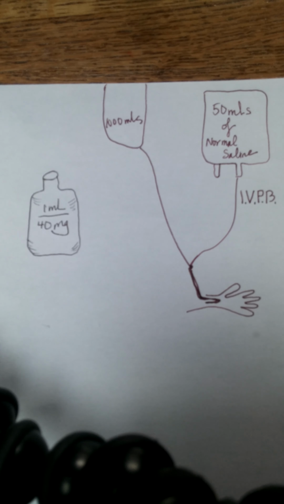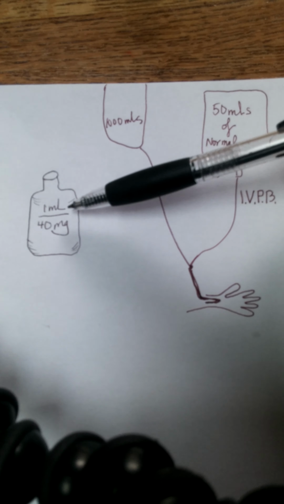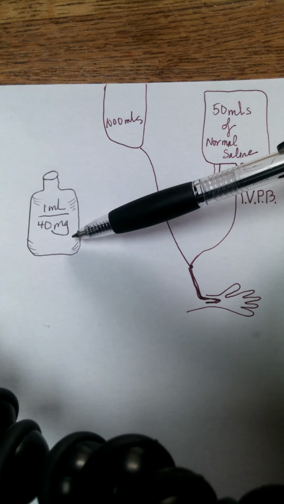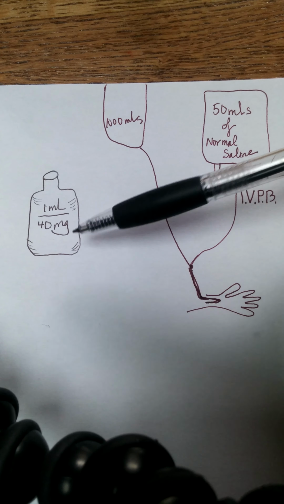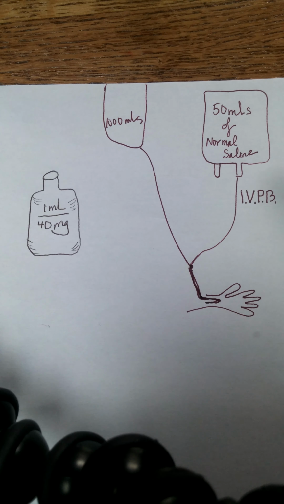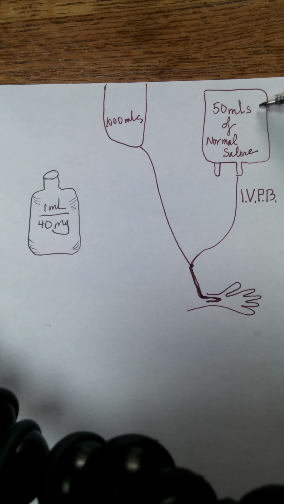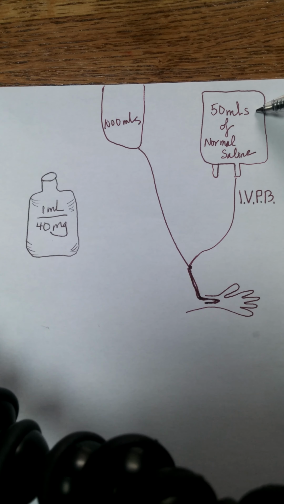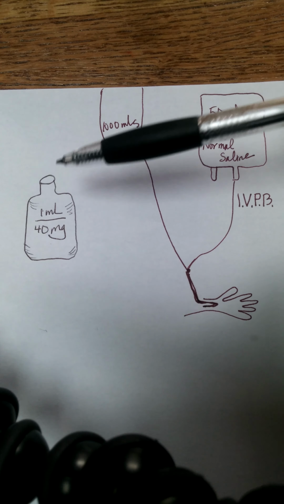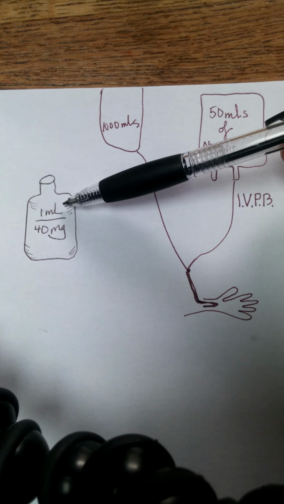Once again, we had a vial over here that had 1 ml, 40 milligrams of gentamicin. But what it told us to do was to put it into an IV piggyback of 50 mLs of normal saline. So you figured out that you needed 2 mLs.